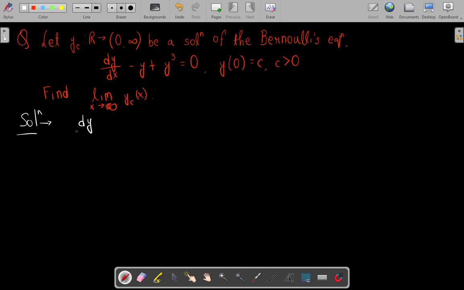The Bernoulli's equation is dy/dx - y. Let's take the y cubed to the other side, minus y cubed. Now let's divide both sides by negative y cubed.